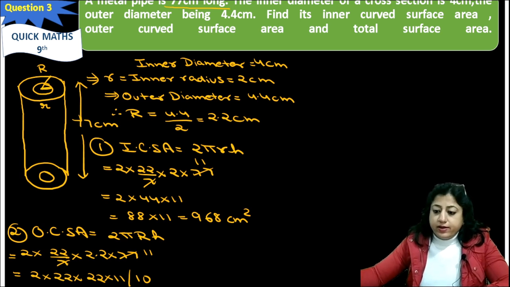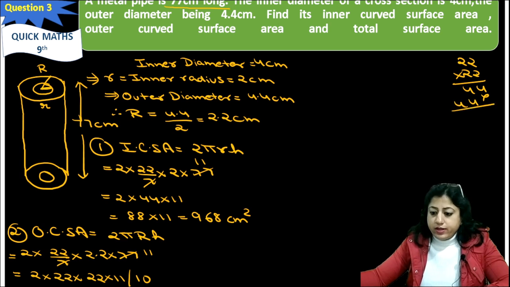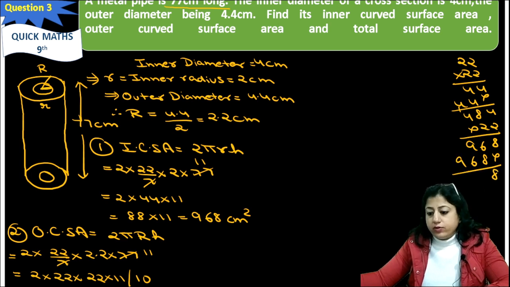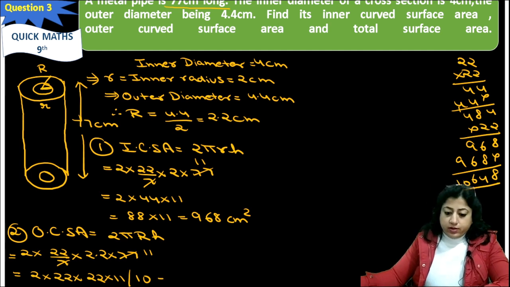Now we can multiply it: 22 times 22 is 484, then times 2 is 968... this gives 10648, so it will be 1064.8 because 10 is in the denominator.